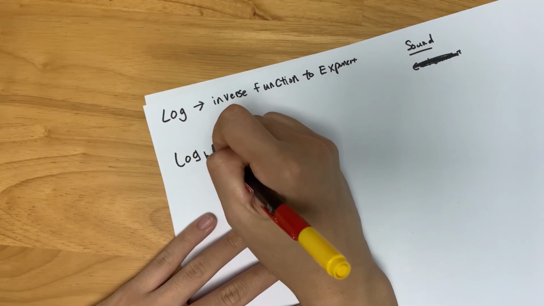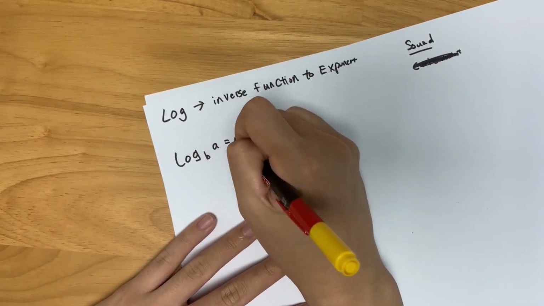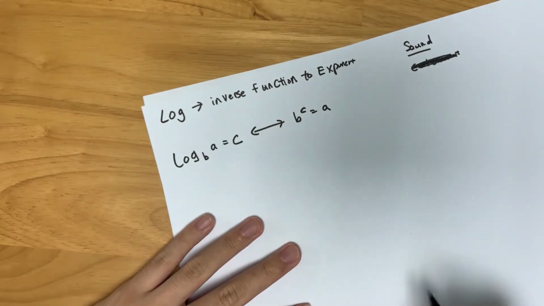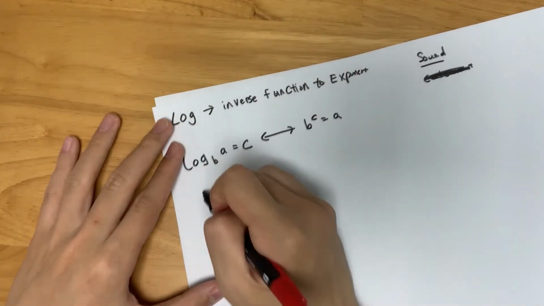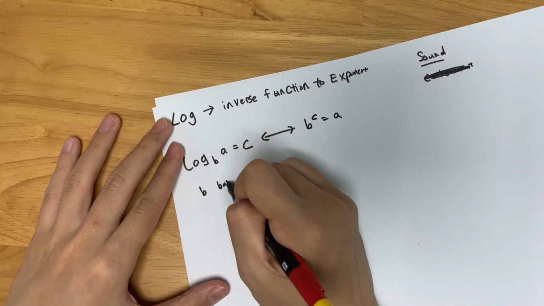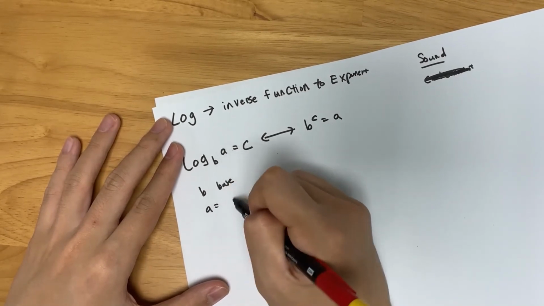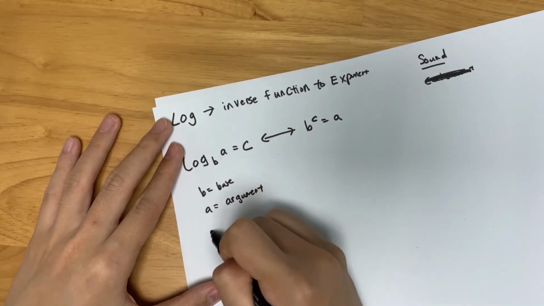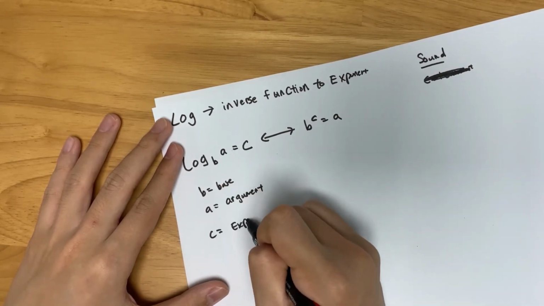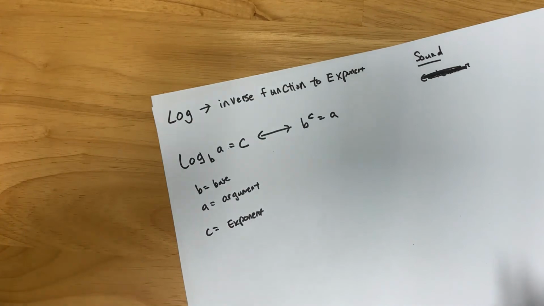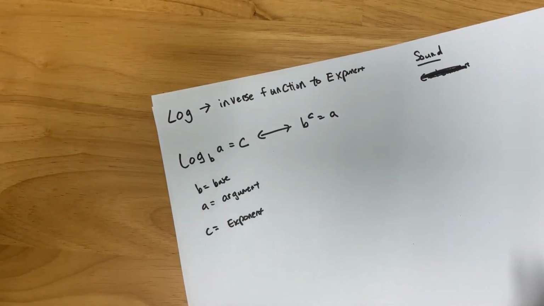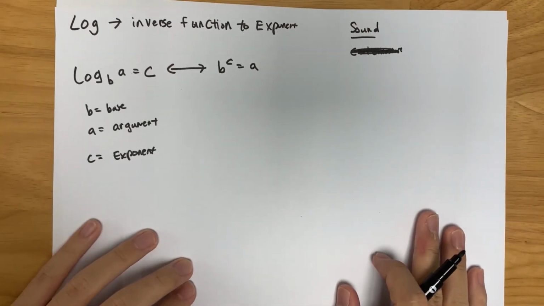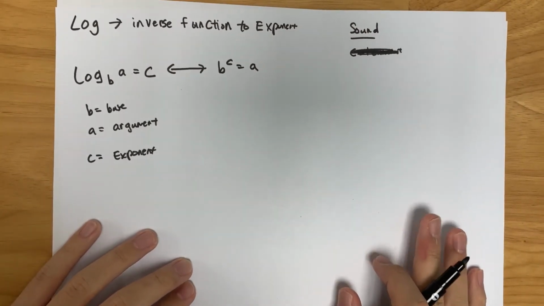Log b of a equals c is also the same thing as b to the c equals a. And b is the base. I think a was the argument. C is the exponent. Let me make sure that you can all see this well.